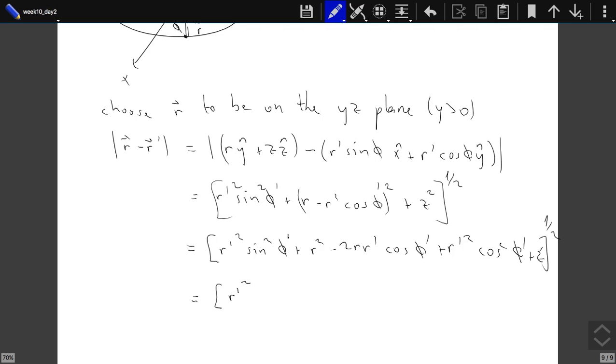I have sine squared phi prime and cosine squared phi prime. The sum is just 1. So that's r prime squared plus r squared minus twice r r prime cosine phi prime plus z squared, to the power 1 over 2.